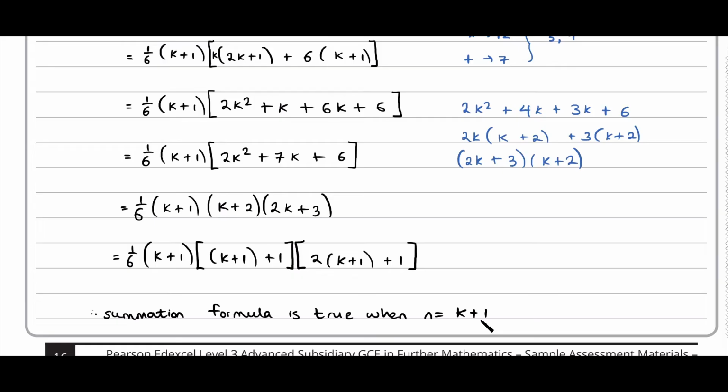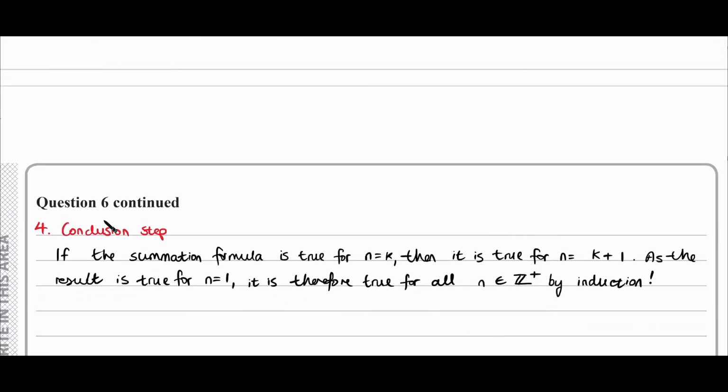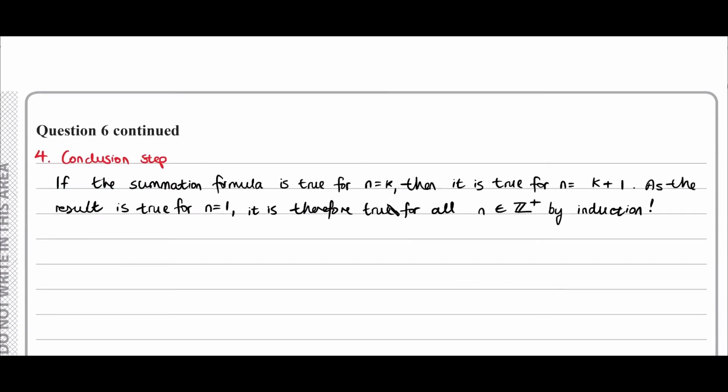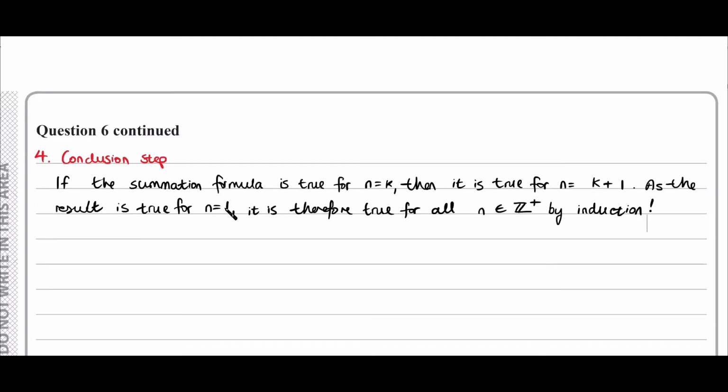Our next step, and our final step as well, is our conclusion step. That is to say, because over here it's true for n equals 1, we can say that the summation formula is true for n equals k, and because of that, it's true for n equals k plus 1, we saw that, and because the result is true for n equals 1, it's therefore true for n equals any positive integer by induction.